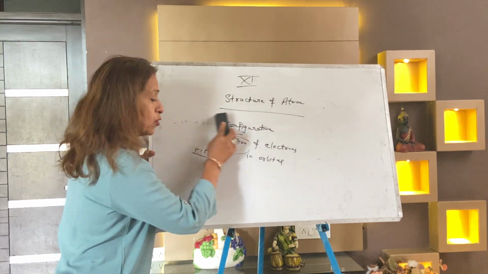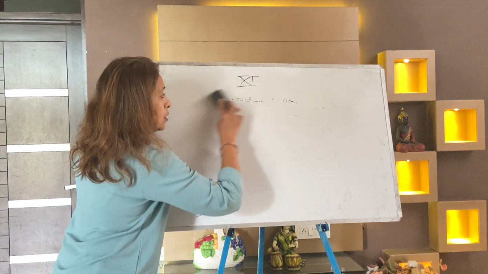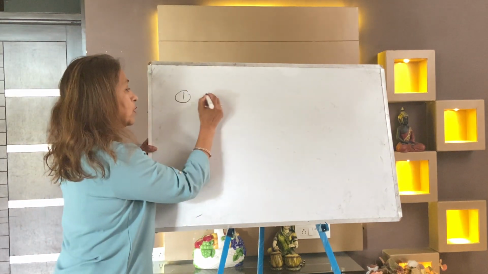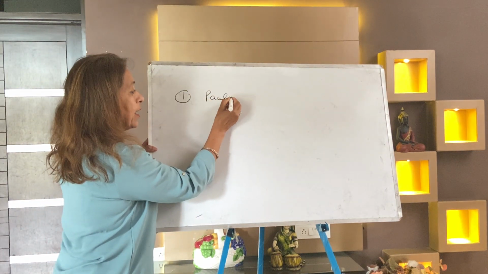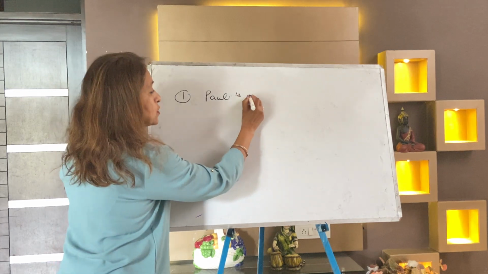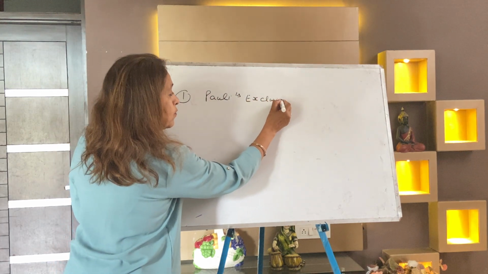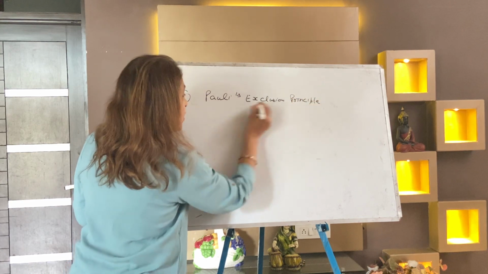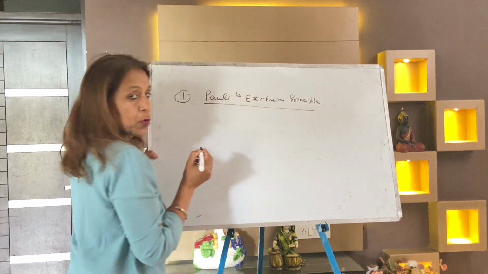First of all, let us take the rules. Number 1. First rule is Pauli's exclusion principle.